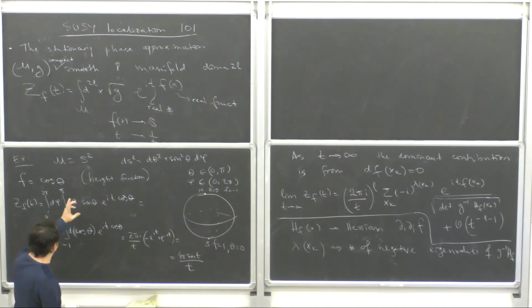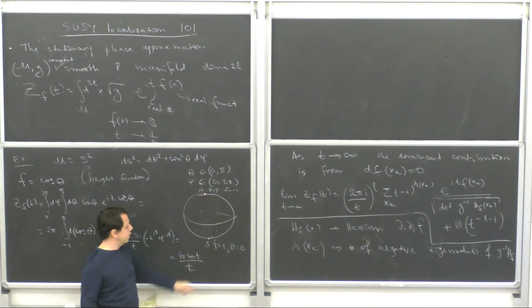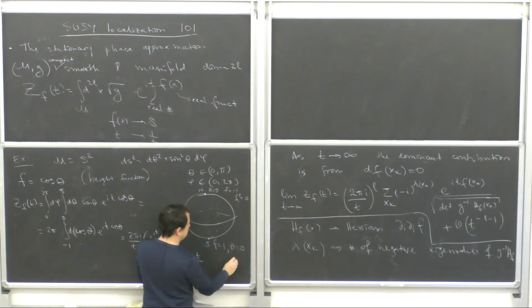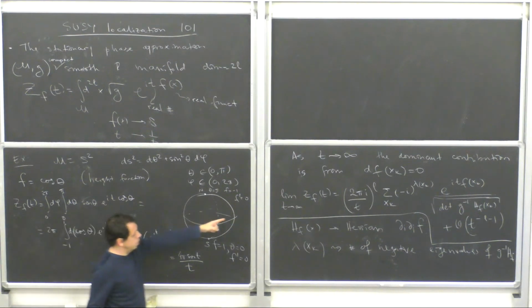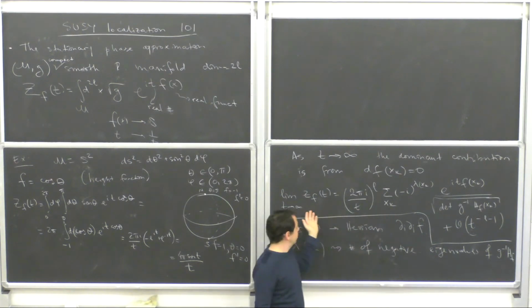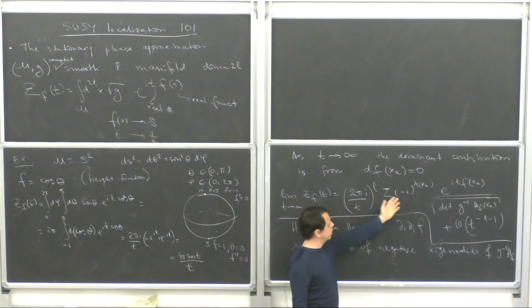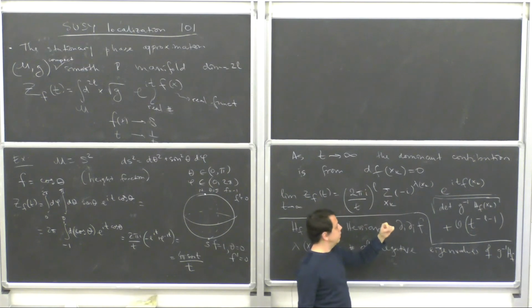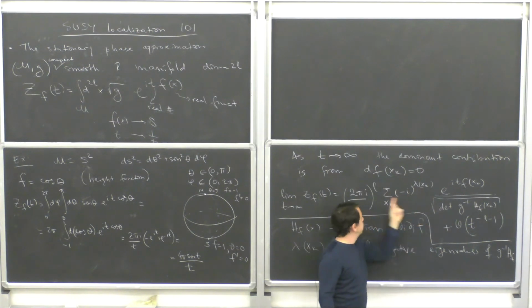So the function f of theta has two fixed points, 2 zeros. One is at theta equal to 0, and one is at theta equal to pi. So exactly at the North Pole and at the South Pole, the derivative vanishes. Okay? So according to this rule, I will have two terms. If I'm doing this WKB approximation or the stationary phase approximation, the leading term will be two terms at these 2 points, which is the value of the function at the point, e to the it, and then I have to compute this matrix and so on.